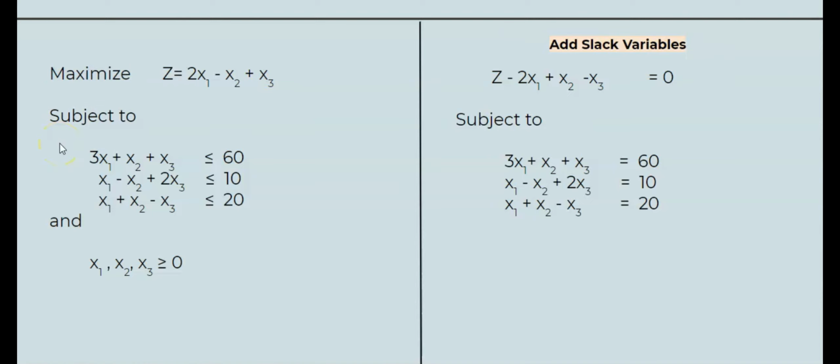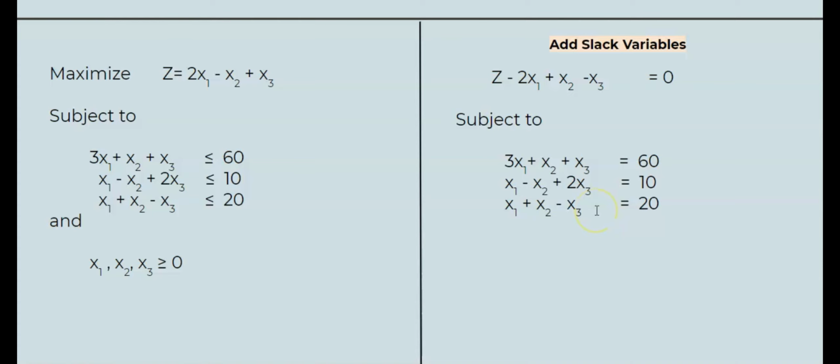Now we're going to go ahead and add the slack variables. In the textbooks, you may see some of them continue on with the x variable. So in these equations we have x subscript 1, x subscript 2, x subscript 3, and in some textbooks they will continue and use x subscript 4, x subscript 5, and x subscript 6 instead of s.